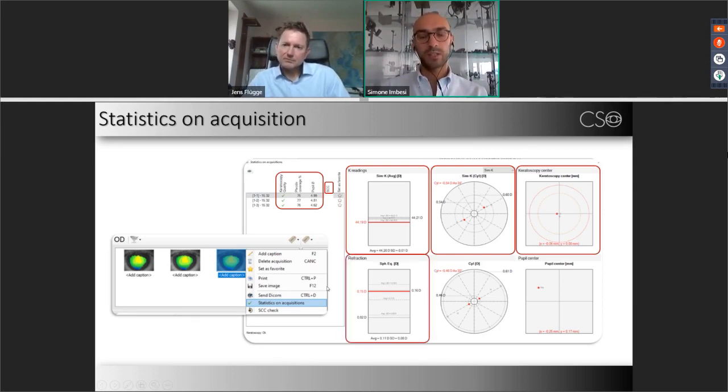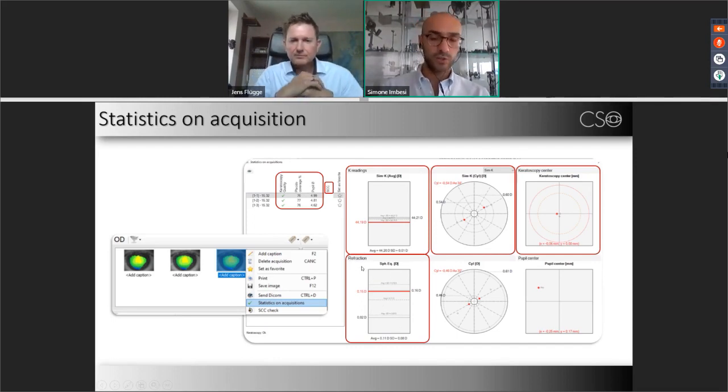We can get even information about aberrometry exams. So here you can read the spherical equivalent of the refraction measured with the total aberrometer.